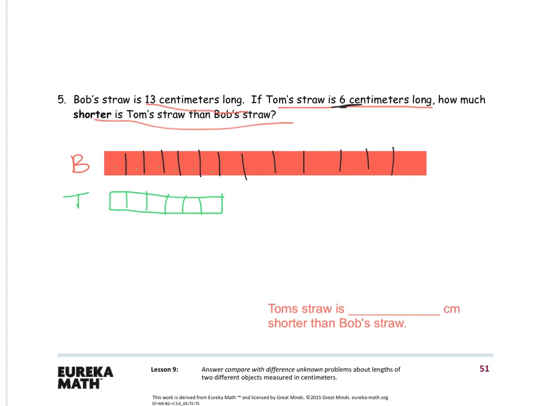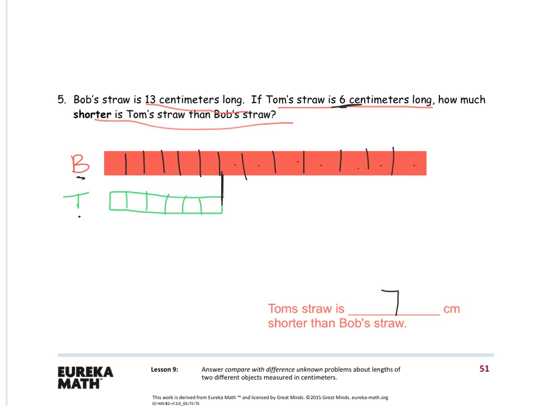So there's a couple different ways I can look at it. And the way I'm going to figure this one out is I'm going to count, because right here they're equal. So now whatever's left means that's how many more Bob has, or that's how many less Tom has. So I have 1, 2, 3, 4, 5, 6, 7. So I can answer this. Tom's straw is 7 centimeters shorter than Bob's straw.